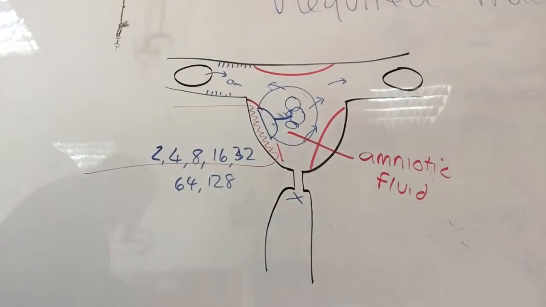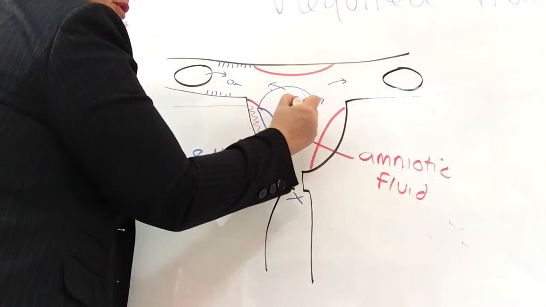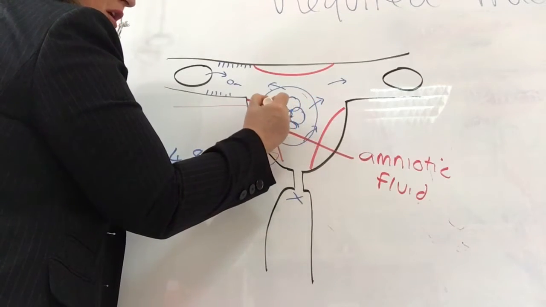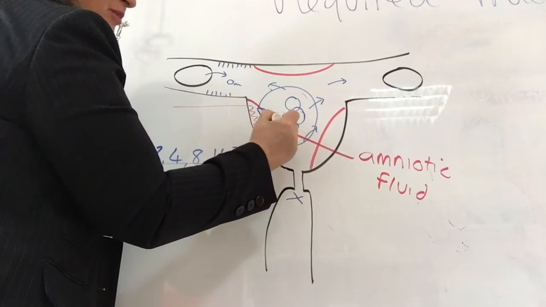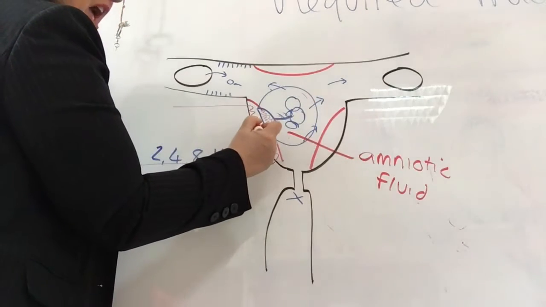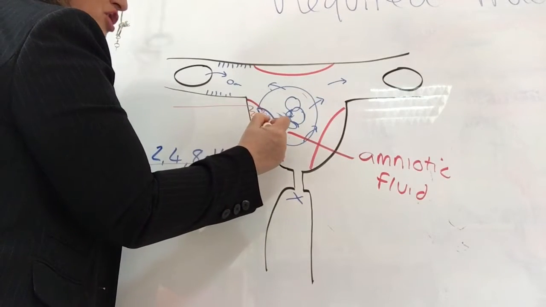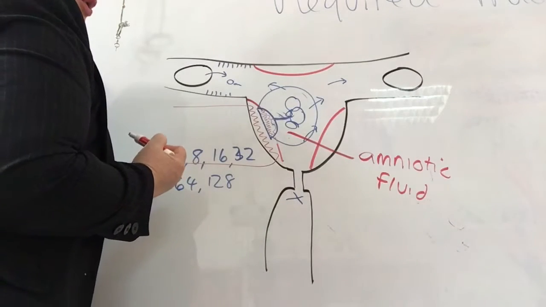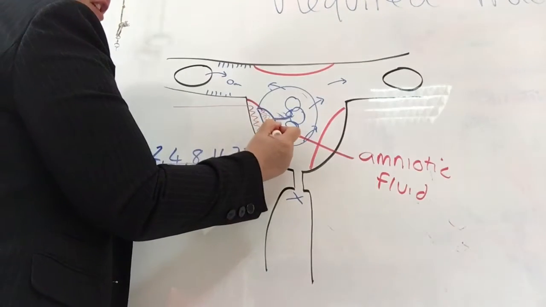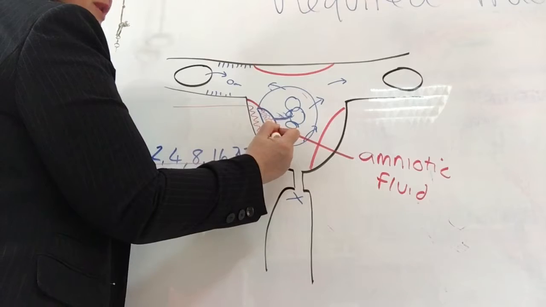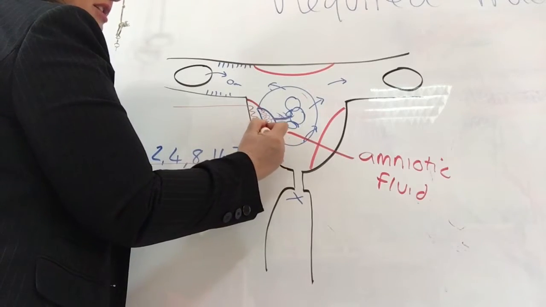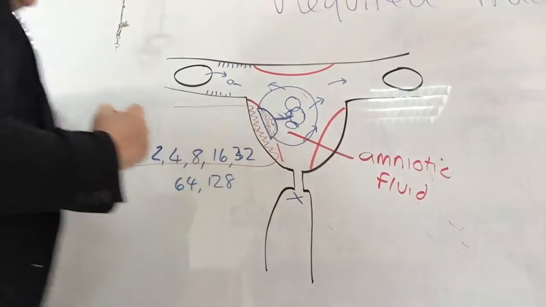Baby's blood comes along, comes down through the umbilical cord and has a large surface area in the placenta and goes back. So what we have here is diffusion of oxygen across to the fetus or the embryo. We have diffusion of carbon dioxide and other waste products back across this way to the mum's blood.